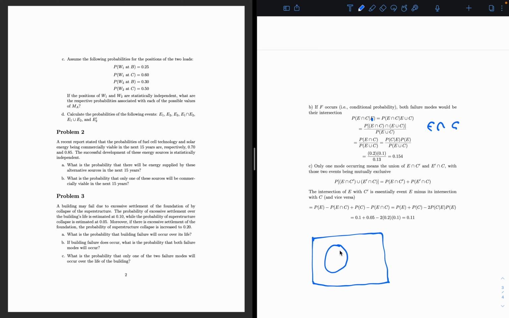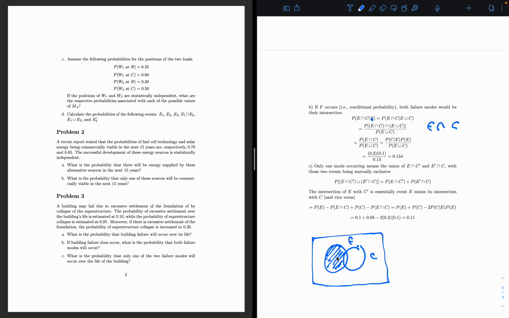Let's say this is E, and then we've got event C here. If we're looking for E intersection with C complement, this is E, and C complement is everything outside of C. So in essence, we end up with just this area here.